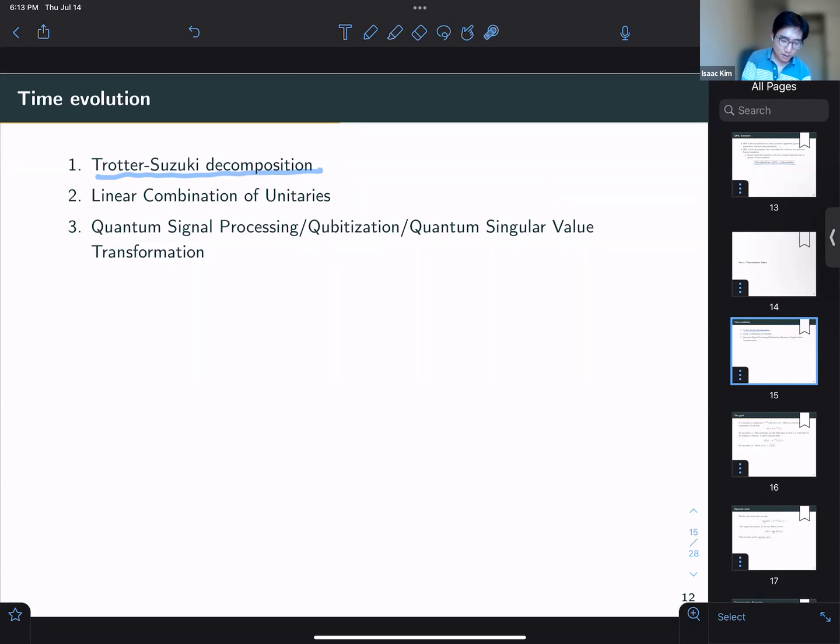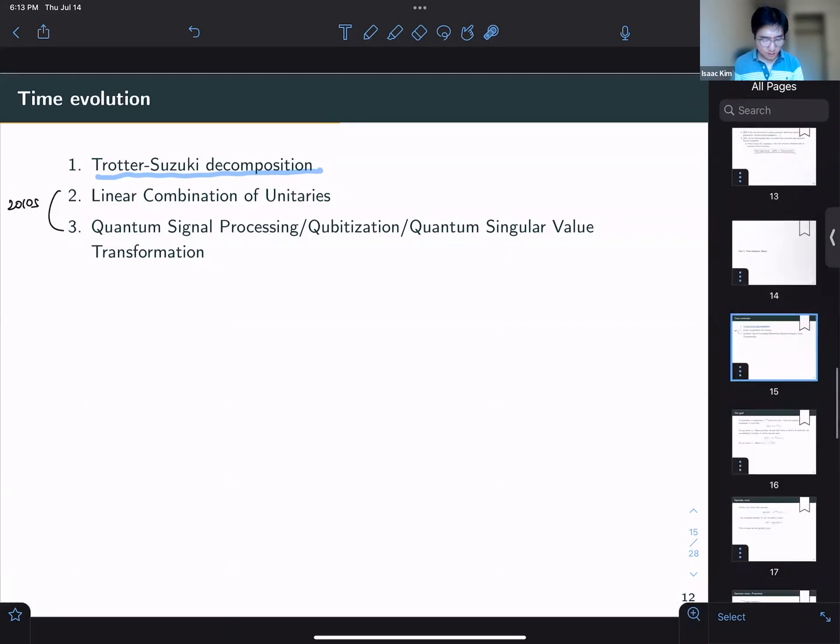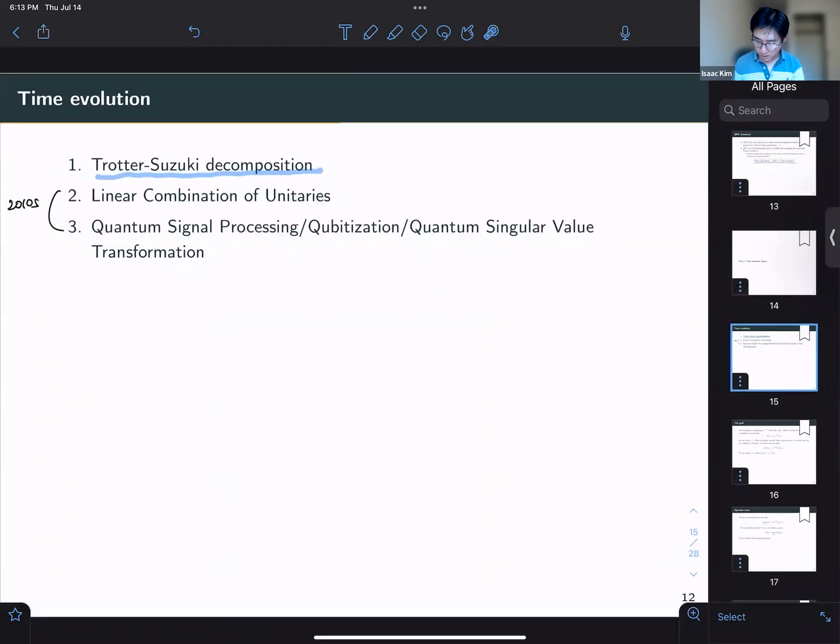And then starting around the 2000s, people started developing new techniques called linear combination of unitaries and quantum signal processing. In the next lecture, I'm going to very briefly tell you about the idea behind this, but they have their own pros and cons. And what I want to do today is to explain to you how Trotter-Suzuki works.